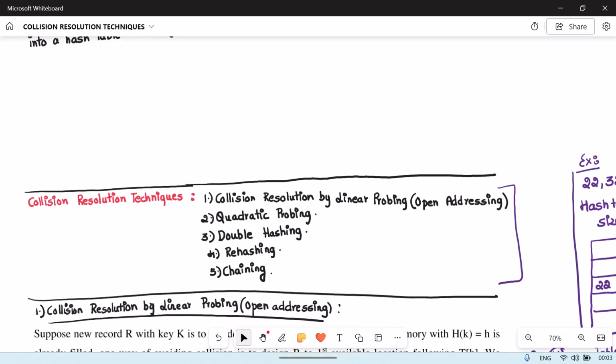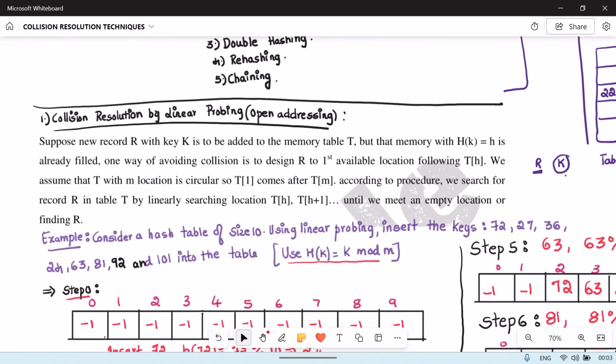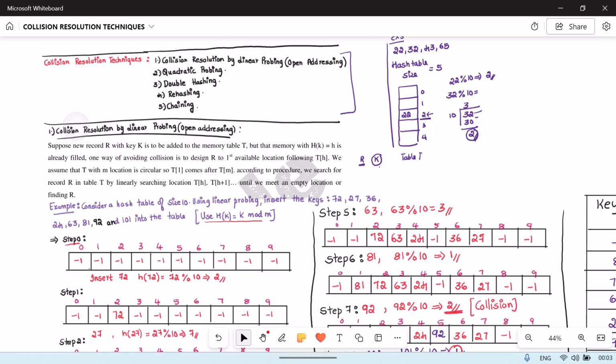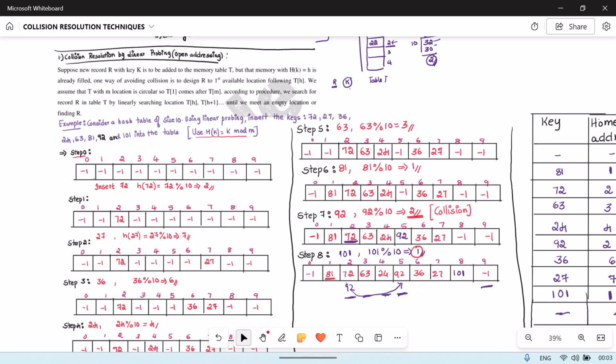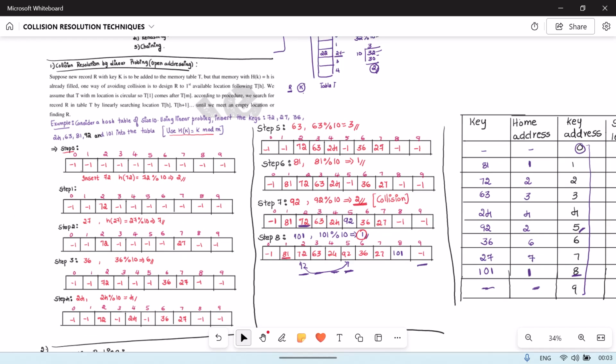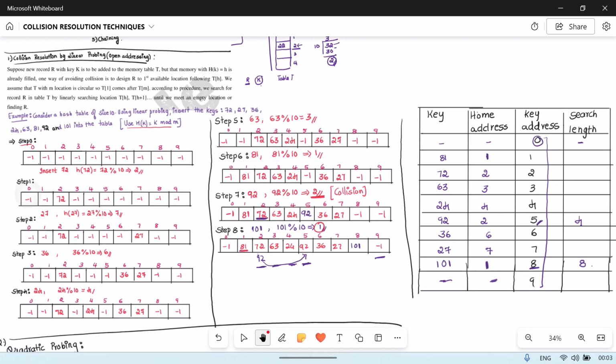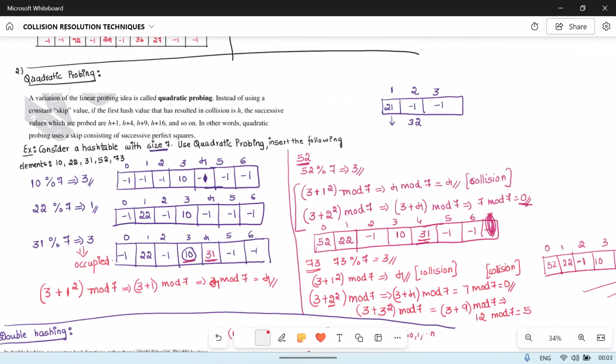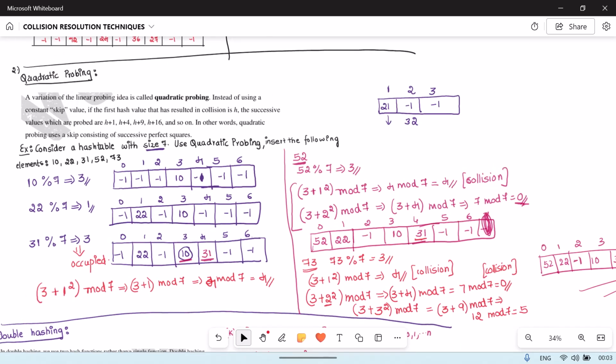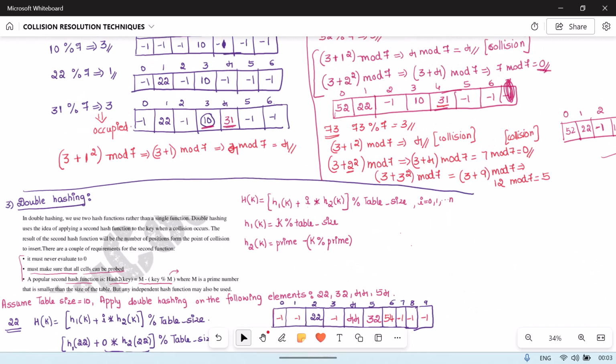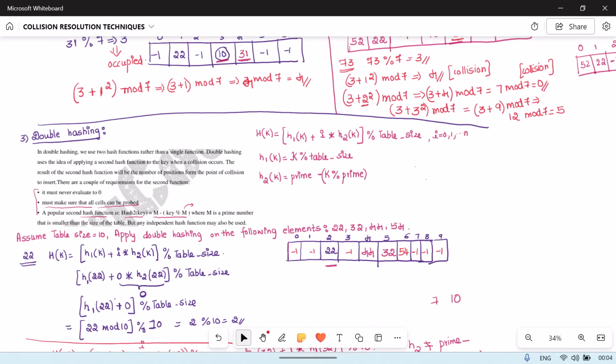I have listed out the different collision techniques. The first one is linear probing. Let me minimize the screen so that you can take a screenshot. This is the first method. Then the second method, quadratic probing. Third one, double hashing.